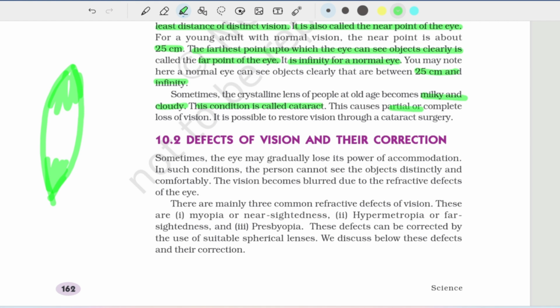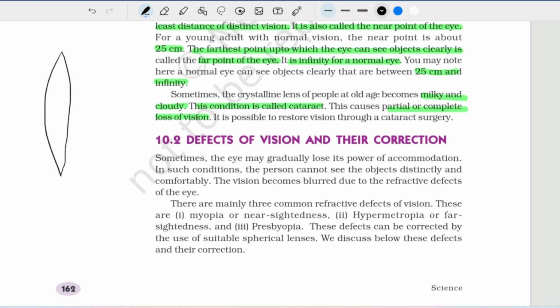This causes partial or complete loss of vision. अगर cataract बहुत ज़्यादा है, if it is completely covering the lens, then again vision loss हो जाएगा. या फिर अगर partial है तो image की intensity बहुत कम होगी, clear vision नहीं हो पाएगा, right? So अगर कैटरेक्ट फॉर सपोज इस एरिया में है, so image formation will be there, but intensity मतलब धुंधला दिखेगा, intensity of the image won't be clear.